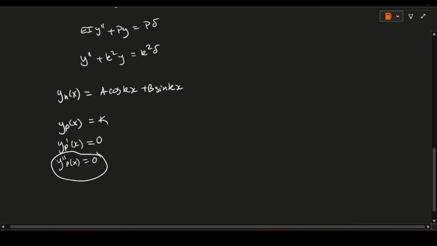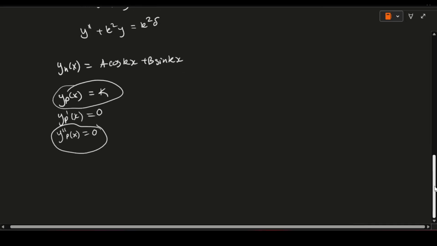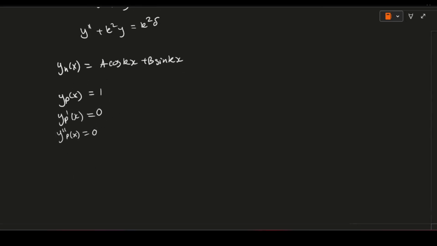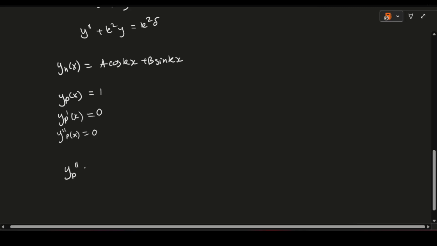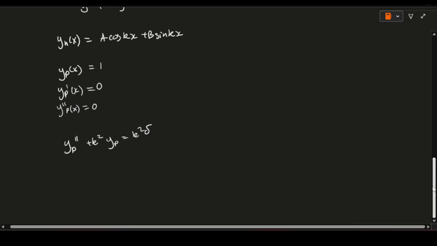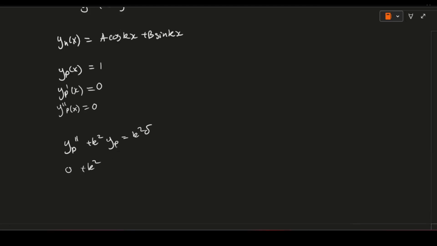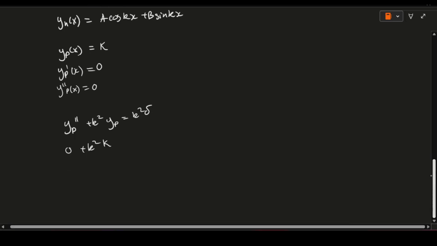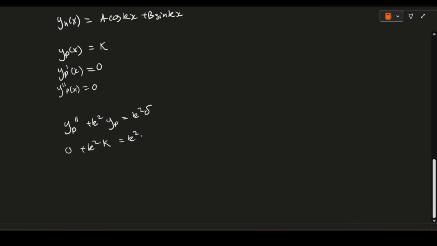Now if we insert this into the governing equation, we get yp double prime plus k squared yp is equal to k squared delta. We get 0 plus k squared times K. This should be equal to k squared delta.